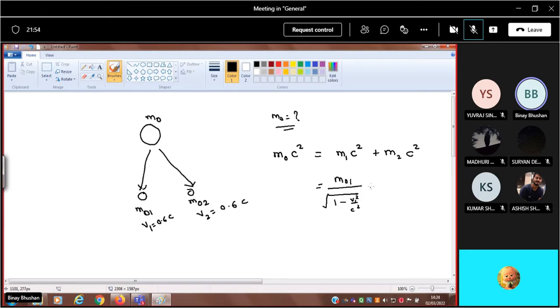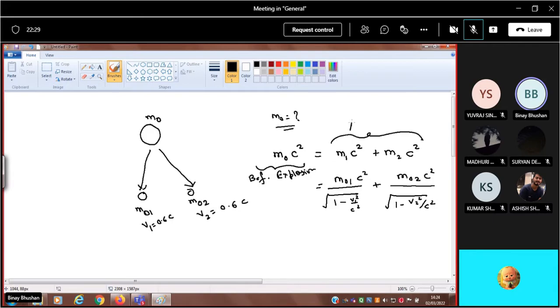Of course, it will be v1, and m2c square. So m2 will be rest mass, divided by c square as well here, and this will be 1 minus v2 square by c square. So this is the total energy before explosion, and this one is the total energy after explosion.